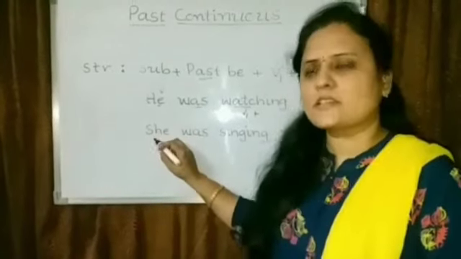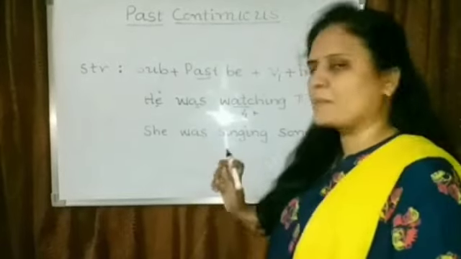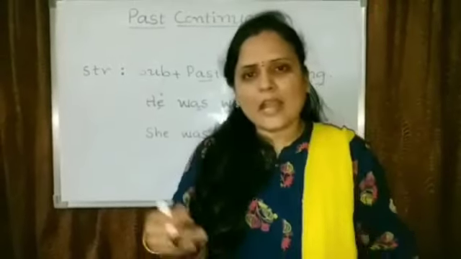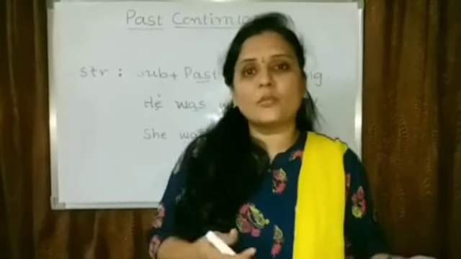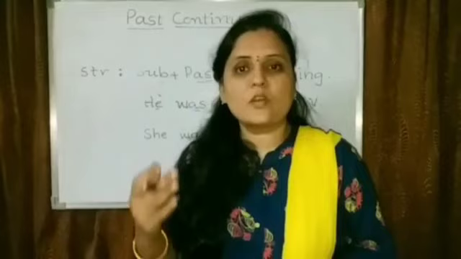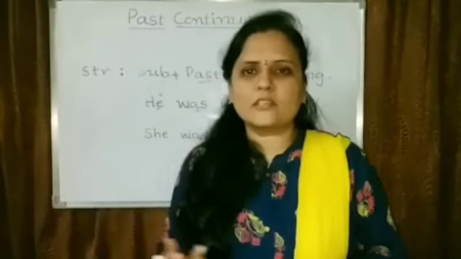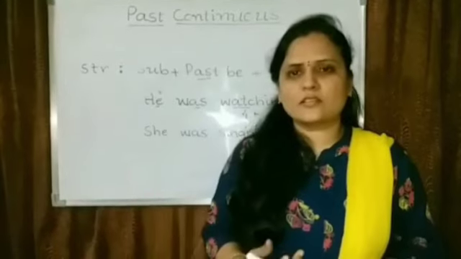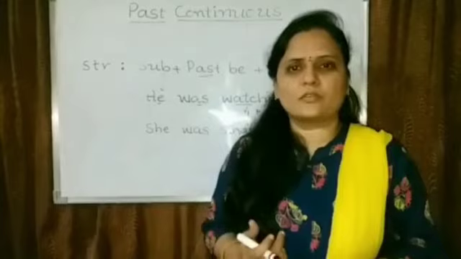She, again third person singular. So past be form was and sing plus ing, singing. And in the same way, suppose it is plural like you or they, what do we have to use? Were. We have to use were. They were playing cricket. They were singing songs. They were watching TV. So like that we have to use.